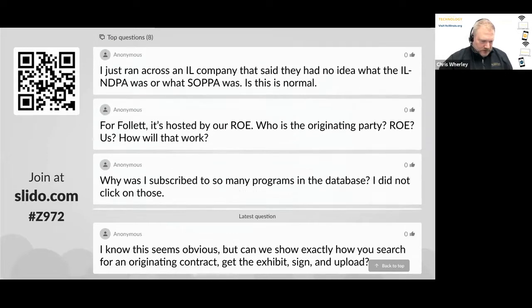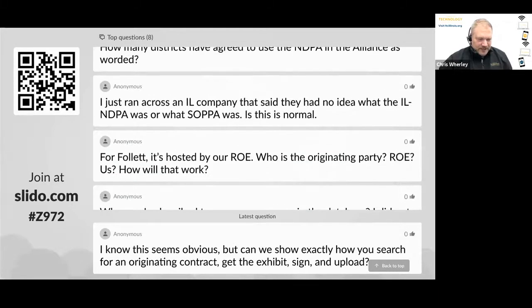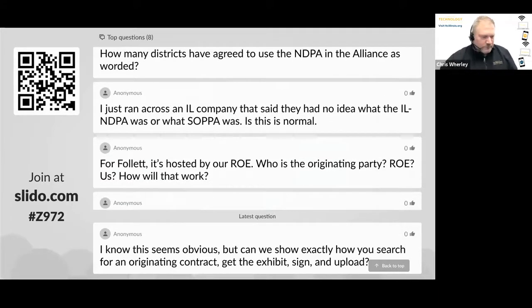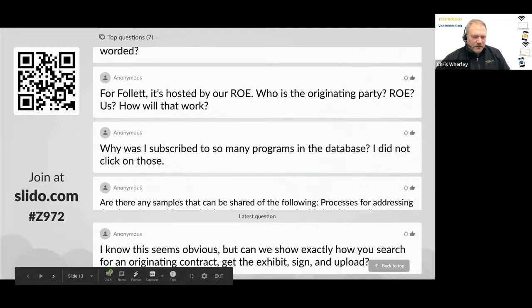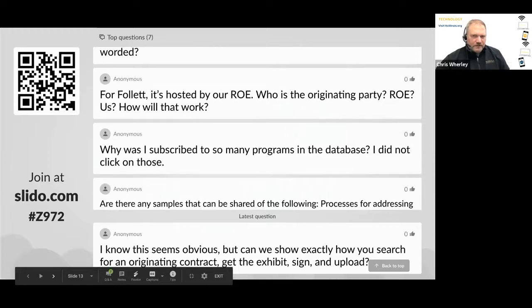Just ran across an Illinois company that said they had no idea what the Illinois NDPA or what SOPPA is. Is this normal? Yes, that's going to be normal. If you use that ISPA communication document as part of the resources, there's something that explains what the Illinois NDPA is and what the process is, and when you're sending the Illinois NDPA to them.